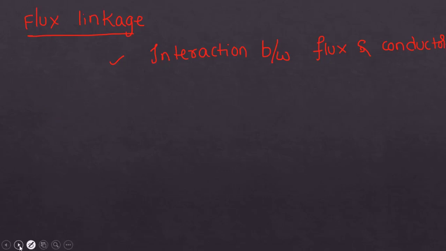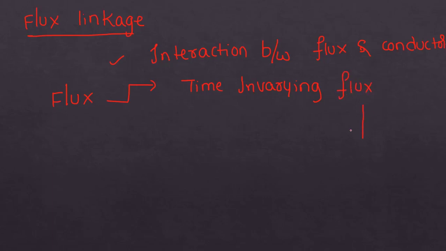Now, flux will be of two types. One is time invariant flux, meaning constant flux. With respect to time it is not varying, so it is a constant flux. We also call this DC flux.